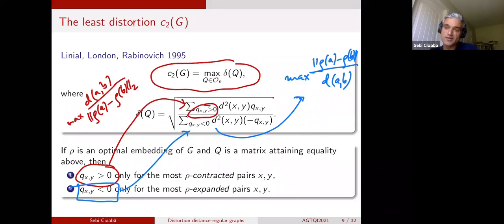Of course, you can think that this is a bit of a catch-22, because you're trying to find c2 of G, but to find c2 of G, you need to know the rho. So it's kind of, which one comes first. Okay, so for all the other pairs, Q is going to be 0.